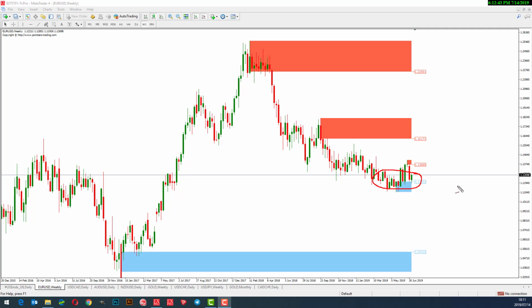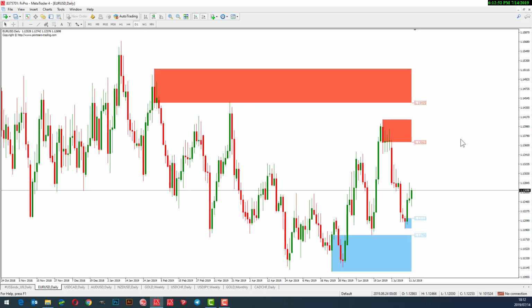So now that we have highlighted that we are in a strong demand area, let me go to the daily chart. From here we can clearly see our demand area holding up nicely from a daily time frame, and the same principle applies that I highlighted previously.